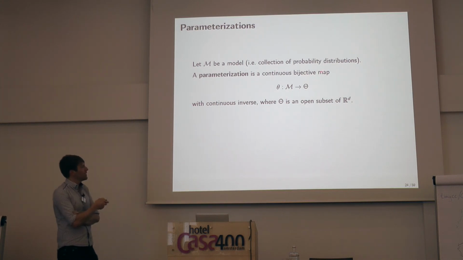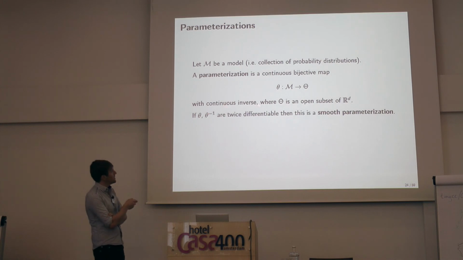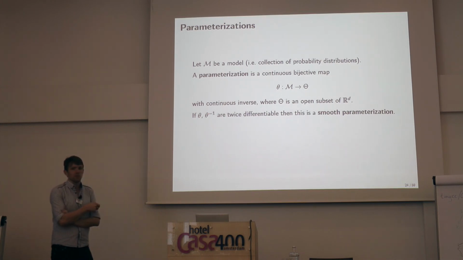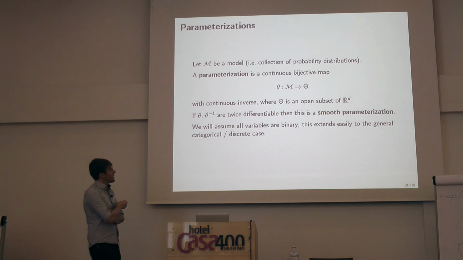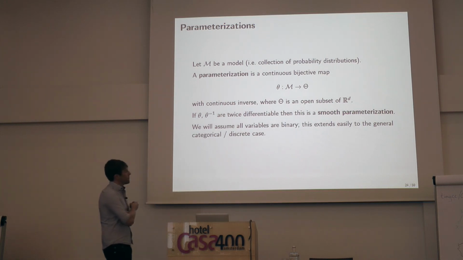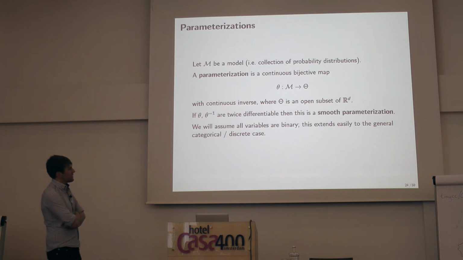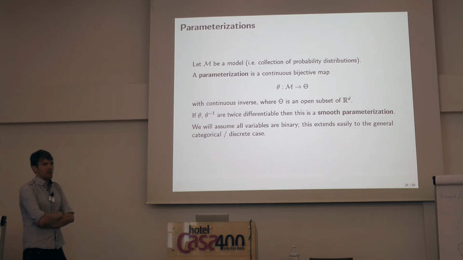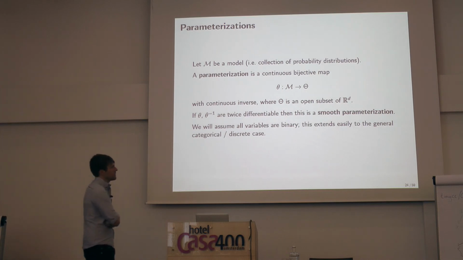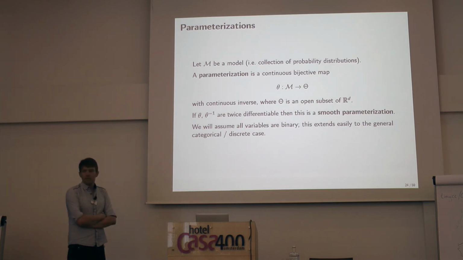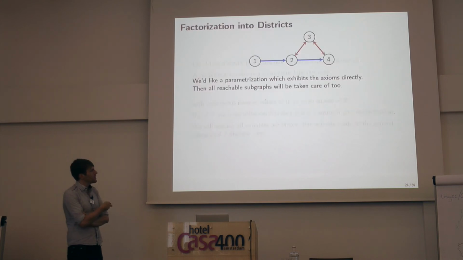And we want that map to be bijective with continuous inverse, and ideally we hope this is going to be a twice differentiable map, and that's what we call smooth parameterization. So we're going to assume, for the purposes of this section, that all the variables are binary. It's easy to extend it to the finite categorical case. The Gaussian case I think is still open.